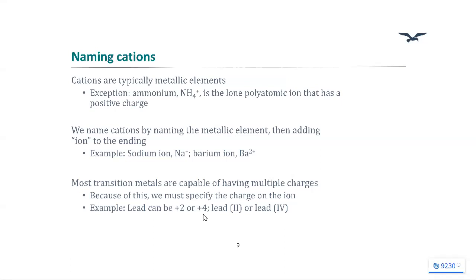So cations. Normally, cations are metallic elements. The one exception to that rule is the ammonium ion, NH4 positive 1. That is the only polyatomic ion that we have on our list that has a positive charge.